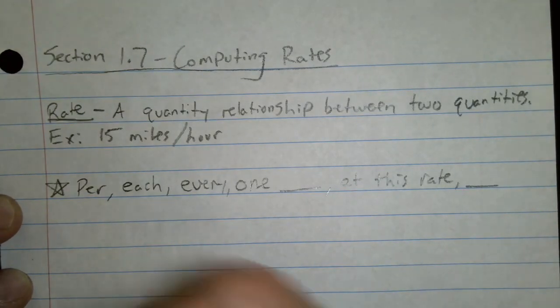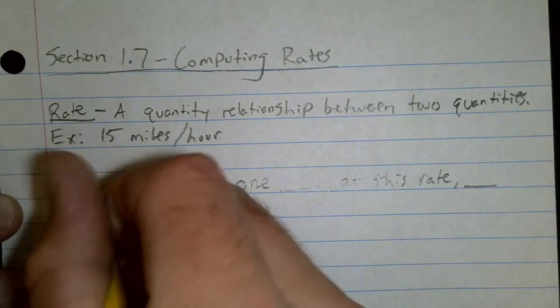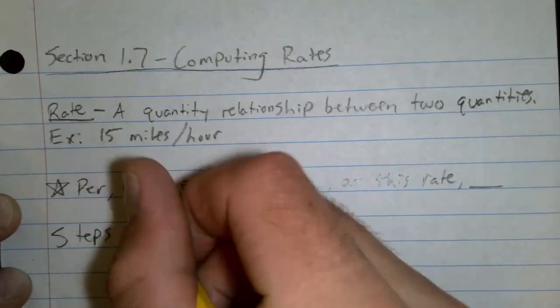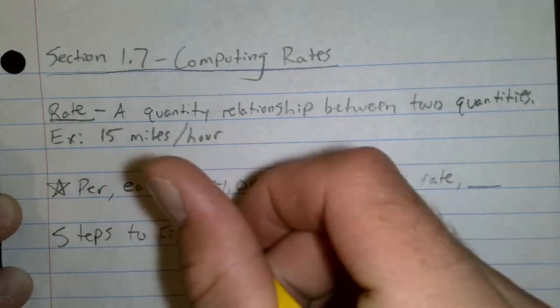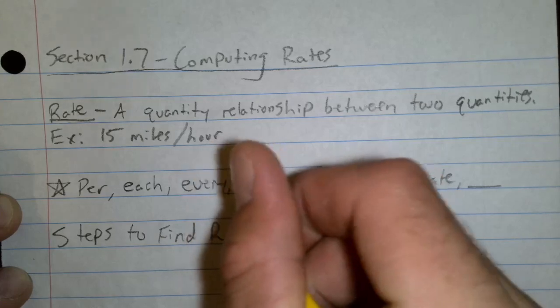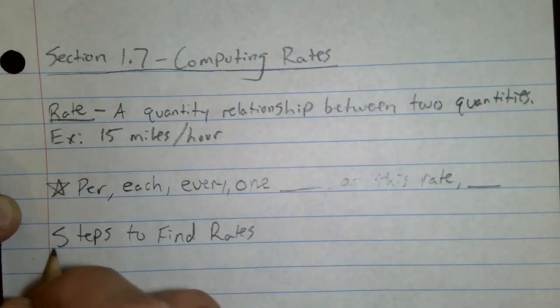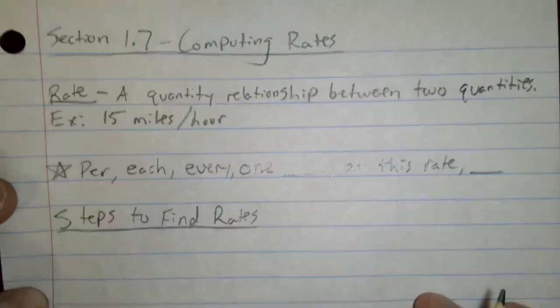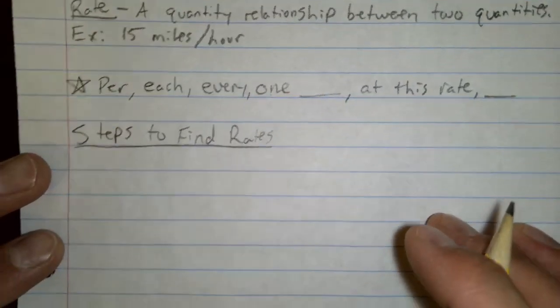So there are 3 steps to find rates. Step 1 is create your ratio table.